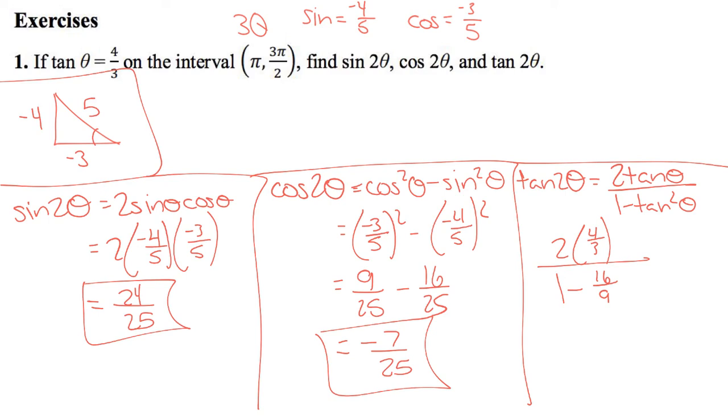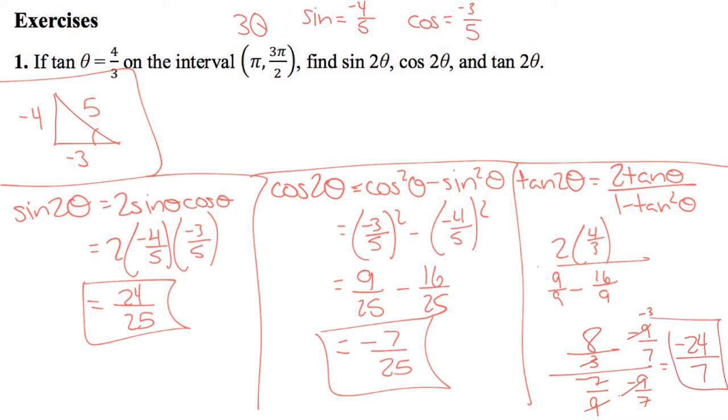That gives me 8 over 3 over, I'm going to change that 1 to 9 over 9. That'll make my life a little easier. That's negative 7 over 9. Negative 9 over 7. That cancels. This actually reduces. So I have negative 24 over 7. And that's my tangent double angle.